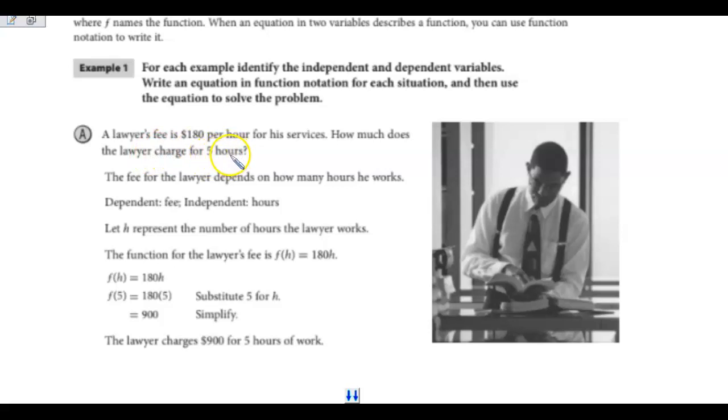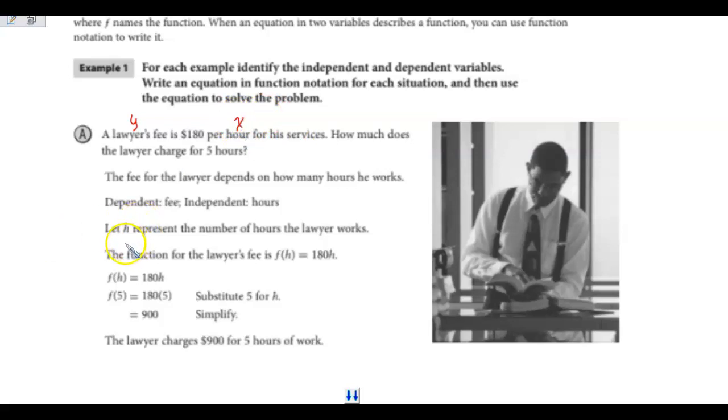So when I'm looking at this, the amount he charges depends on how many hours he works, correct? So my dependent is the fee. So this is my dependent, or my y. And the number of hours, that is my independent. So that's going to be my x.